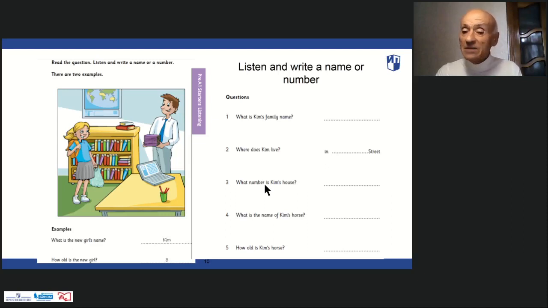What number is Kim's house? What is the name of Kim's horse? How old is Kim's horse? Children need to be really attentive, apart from knowing the language, of course.